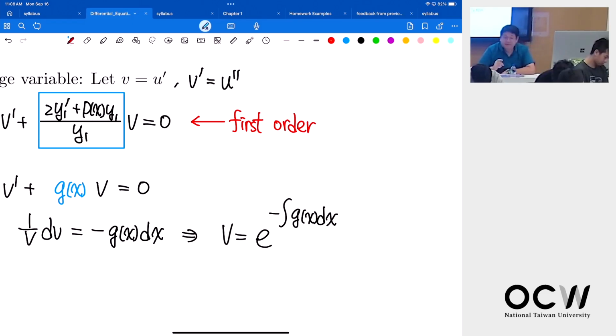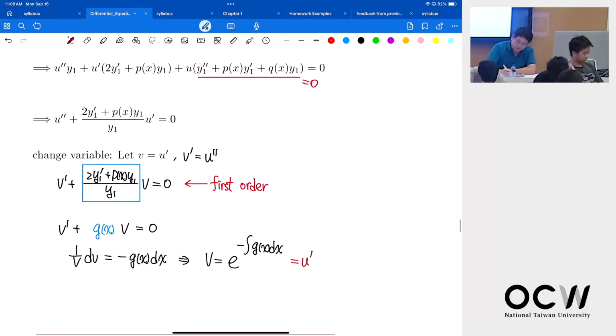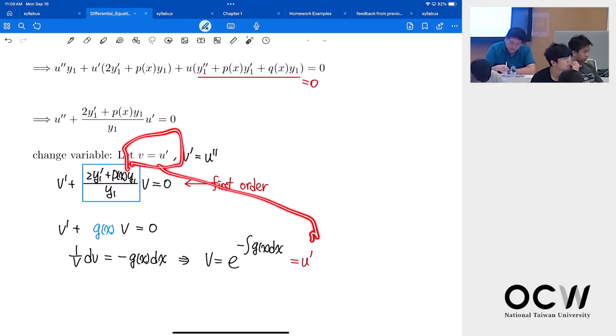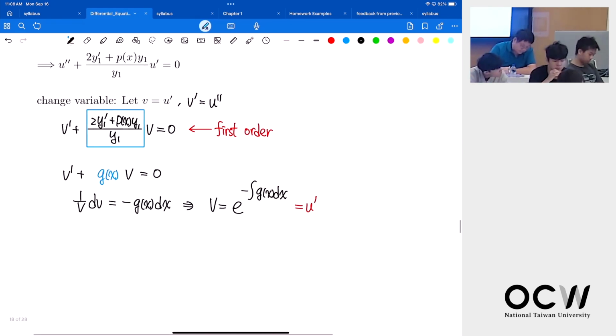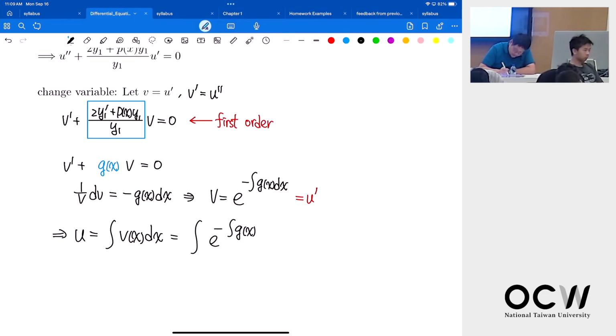And remember, what is v? v is u prime. So u prime equals this, then what is u? Therefore, your u will be the integration of your v, which is e to the minus integral of g of x dx, and then dx.